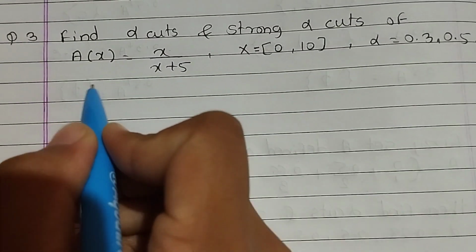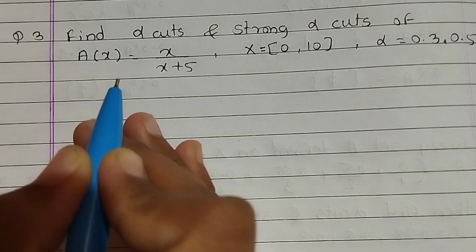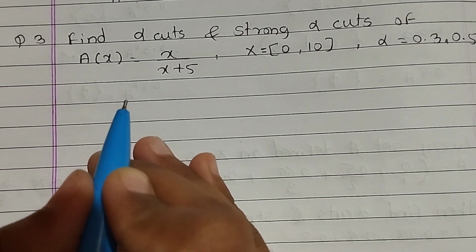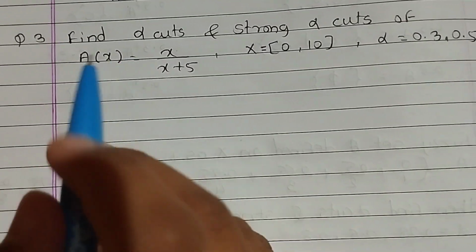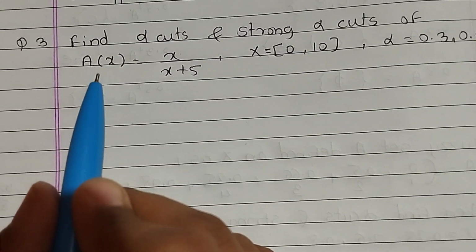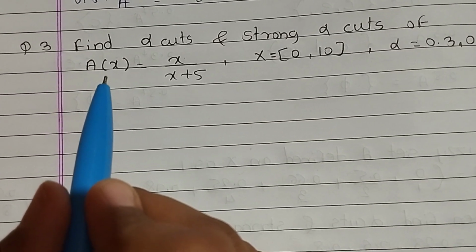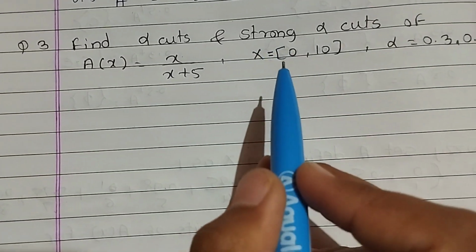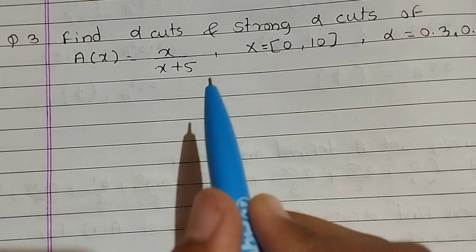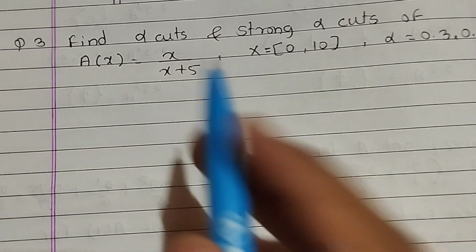The procedure is the same, but the difference is small. In the previous example we had the fuzzy set ready-made, but here we first find the images for all x from 0 to 10, then we write the set, and then we find the alpha cuts and strong alpha cuts.